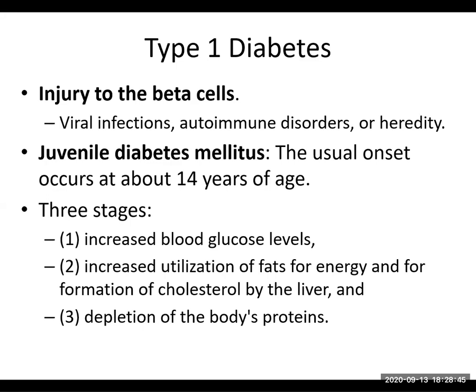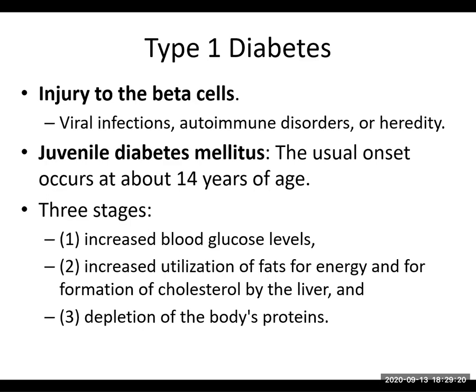There are 3 stages. One is the increase of hyperglycemia, but we don't have the insulin, so the cells cannot use GLUT4 to take up this glucose, and so the cells will start to use other fuel instead of glucose.